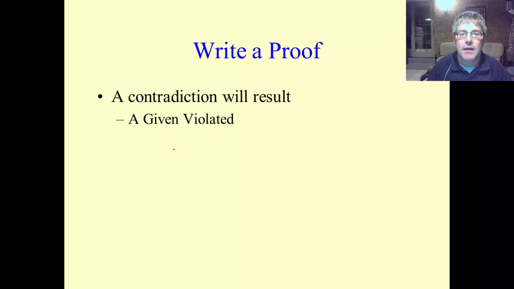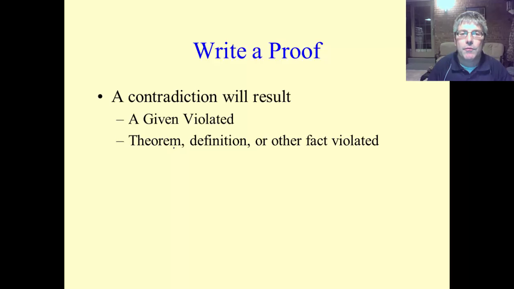We'll say, hey, wait a minute, our logical conclusion in our proof says one thing, but the given says the opposite. So a given will be violated. Or some theorem or definition or other fact will come up that doesn't make sense. That would also be violated or found to be not true.